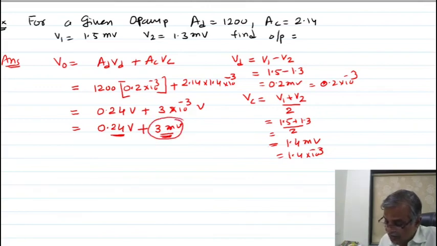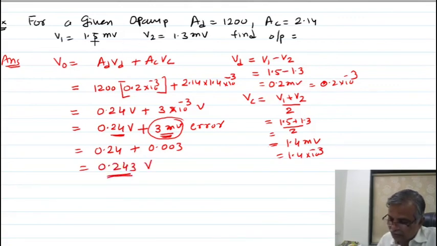So this is called error, and it is very less. The output voltage for this set of input voltage is 0.243, in which this is due only to the differential voltage and this is due to the common mode voltage. This is called error. The error is very less.